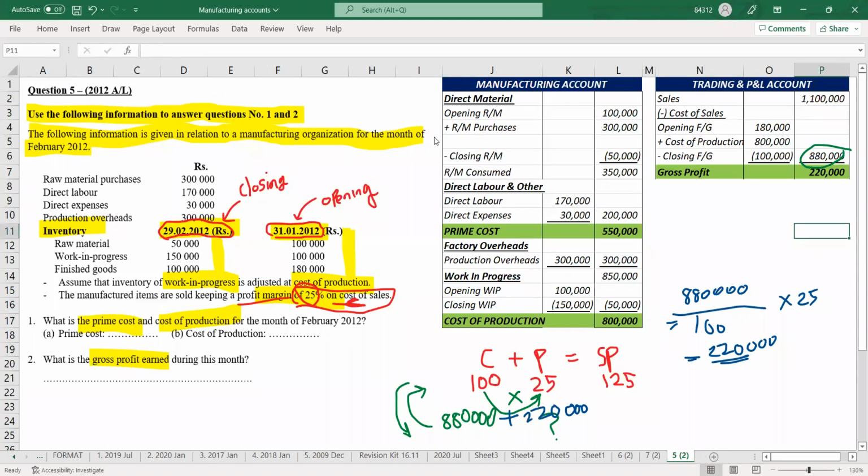You can take any of this. You can take the cost of sales because you know only the cost of sales. So from the cost of sales, either you can find the sales or the gross profit, one of those. Cost of sales is 880.